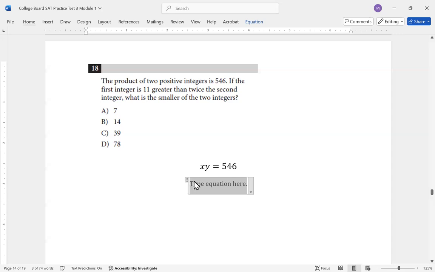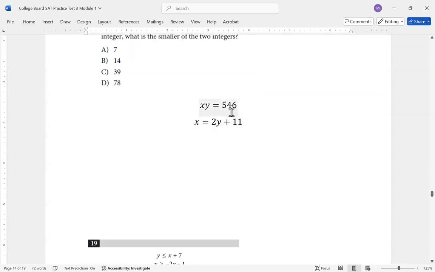If the first integer, I'll call that x, is equal to 11 greater than twice the second, twice the second would be 2y. 11 greater than twice the second is 2y plus 11. And so what I can do is take that x equals 2y plus 11 and replace the x in the product equation with 2y plus 11.